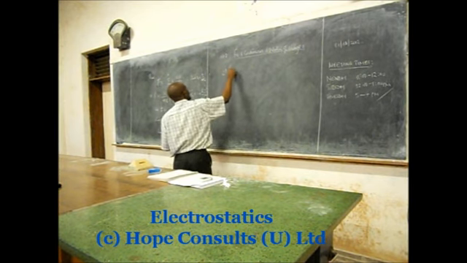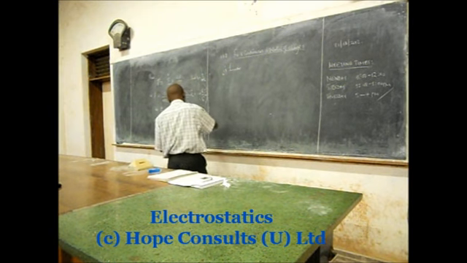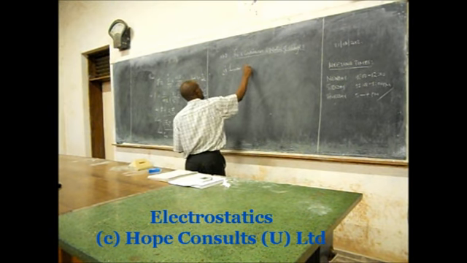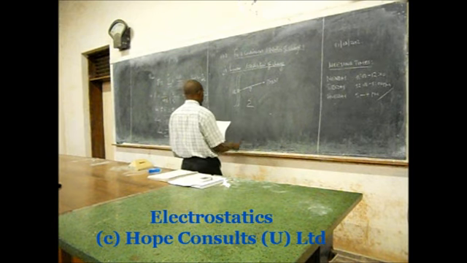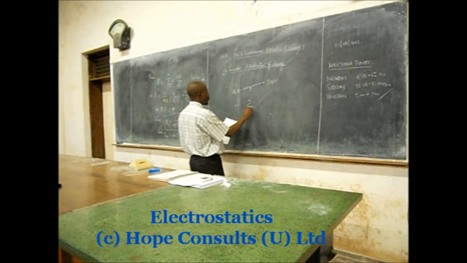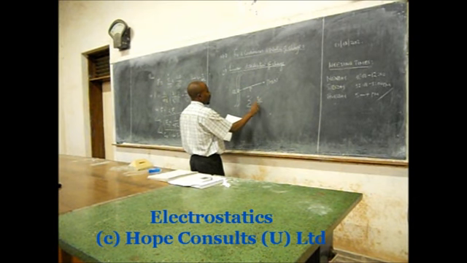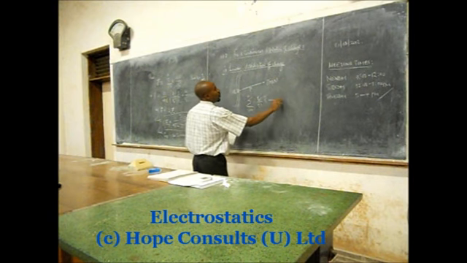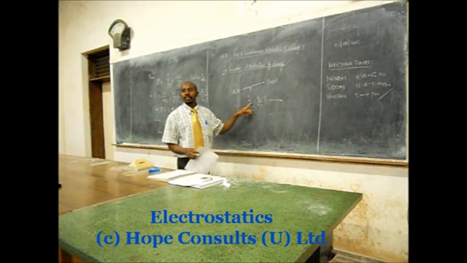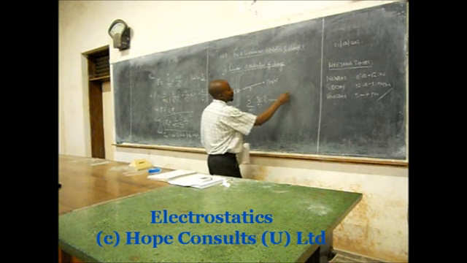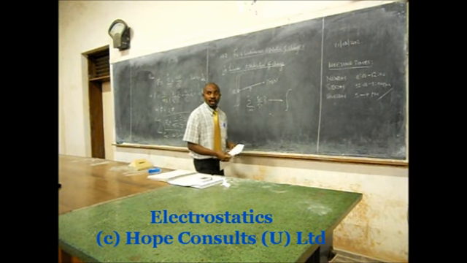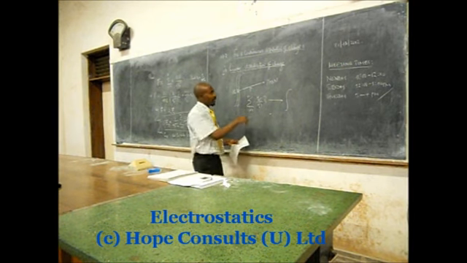So the linear distribution of charge: in discrete form we had the summation from i equals 1 to n of qi over ri squared ri roof. Now the sigma changes into an integral, and that integral will be along the line.